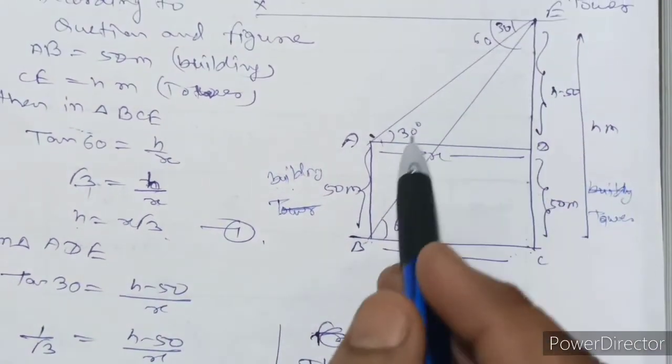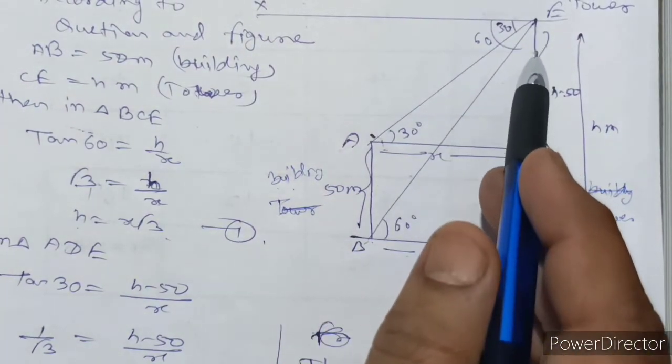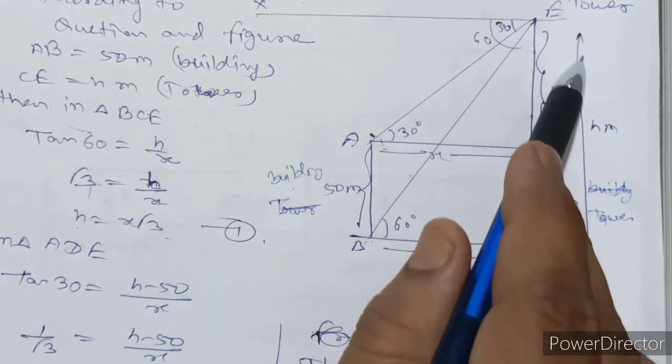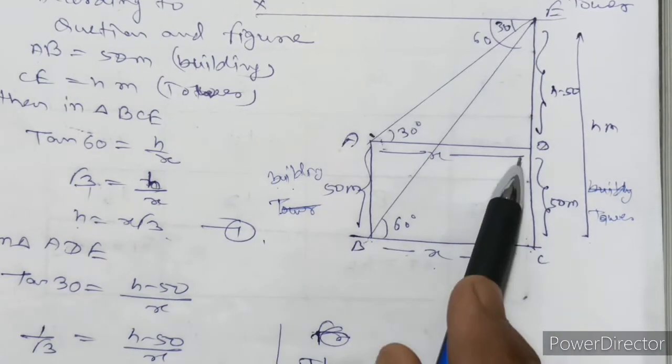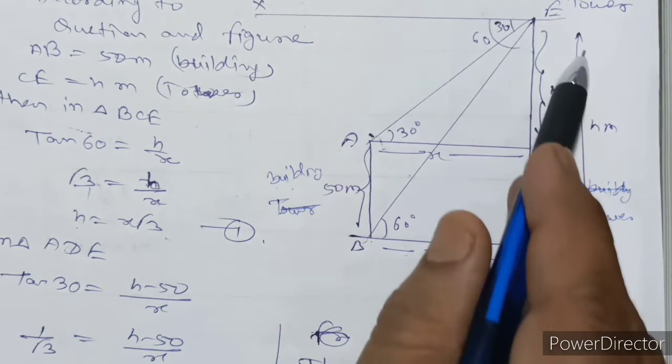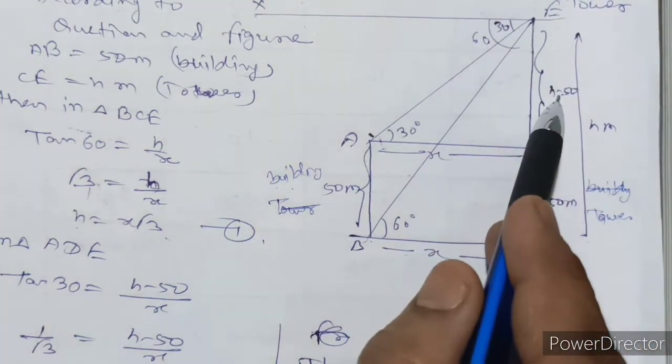Now again in triangle ADE, the complete height is H and this part is 50. So the remaining height BD is equal to H minus 50.